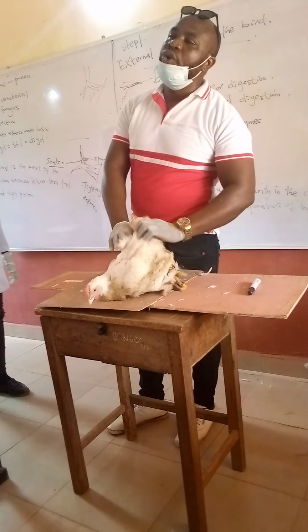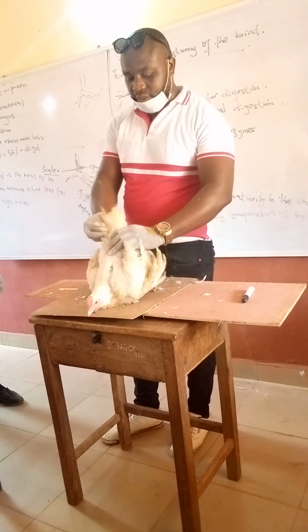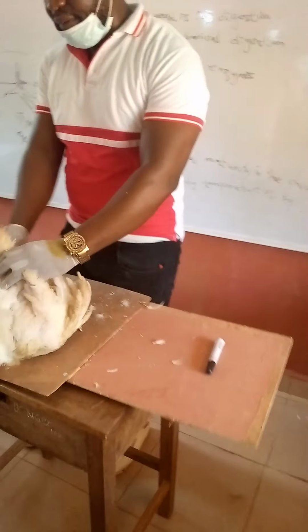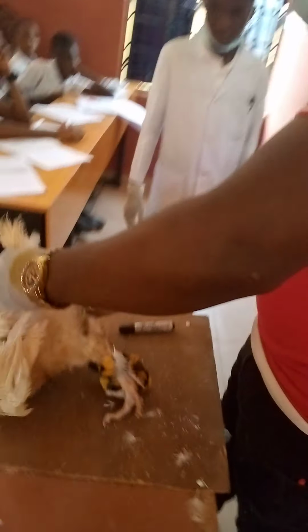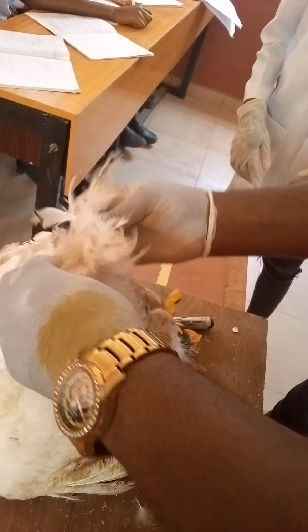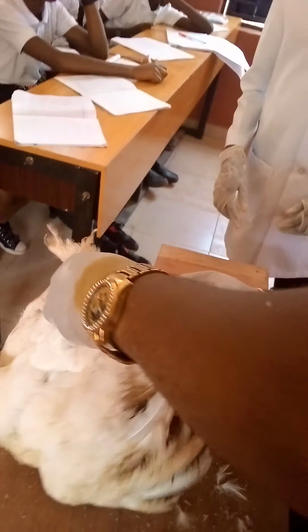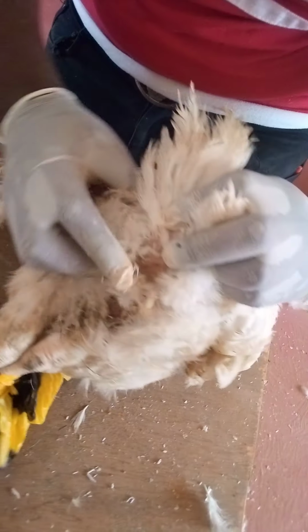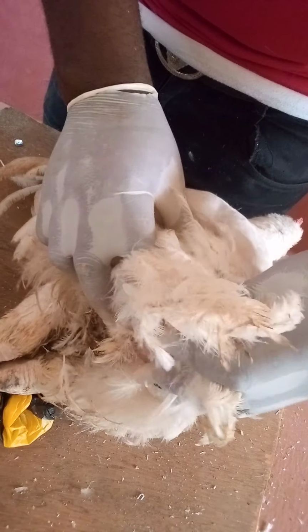The next I'm going to show you now is the vent. This is the vent. Come and see it. Can you see this? Where the chicken used to lay egg and excrete and remove waste product.